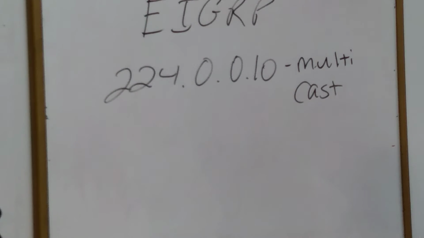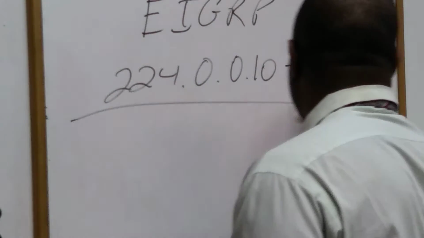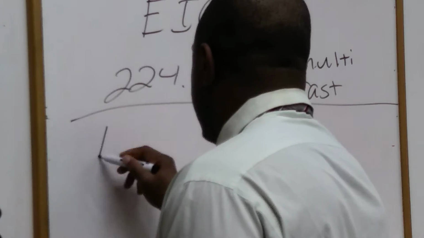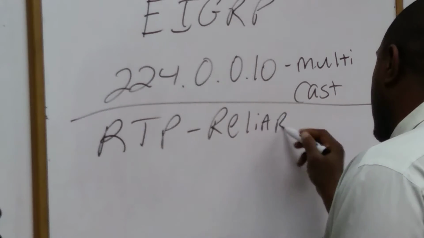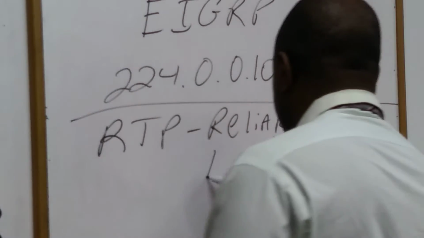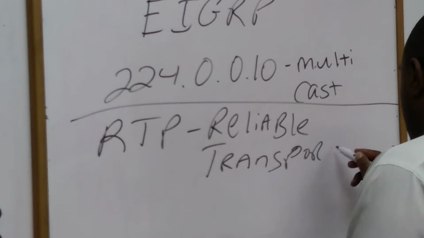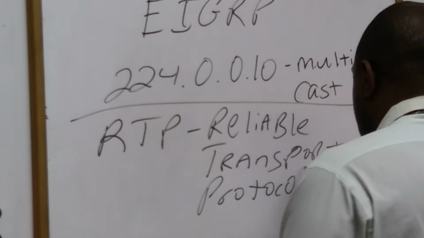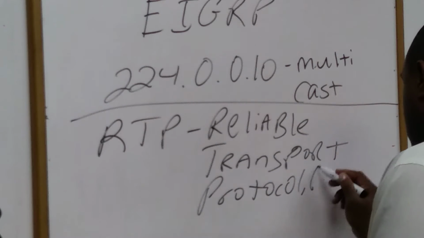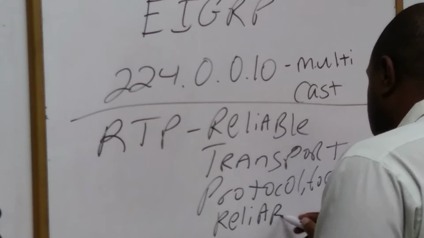Also, what does EIGRP use for reliable transmission? This is another fact about EIGRP: it uses RTP, or Reliable Transport Protocol, for reliability.